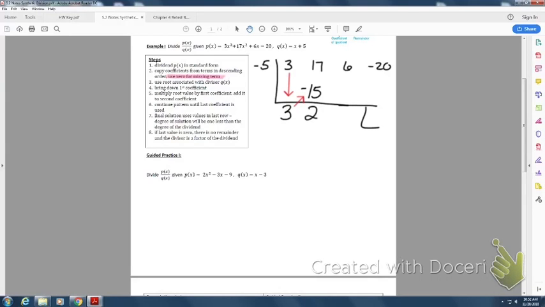Negative 5 times 2 is what? Negative 10. 6 minus 10 is what? Negative 4. Negative 5 times negative 4 is what? Positive 20. So is this one going to have a remainder? No, because negative 20 plus 20 is 0. The degree of my quotient on this problem is going to be what? 2. So I've got 3x squared plus 2x minus 4.